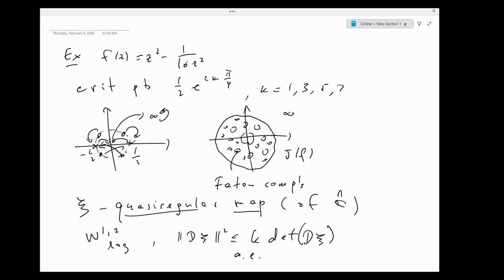Quasi-regular maps, of course, don't have to be homeomorphisms, but if Xi is assumed to be a homeomorphism in addition, then it's a quasi-conformal map.